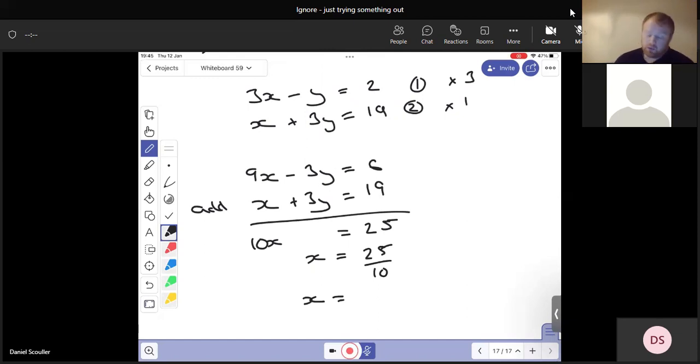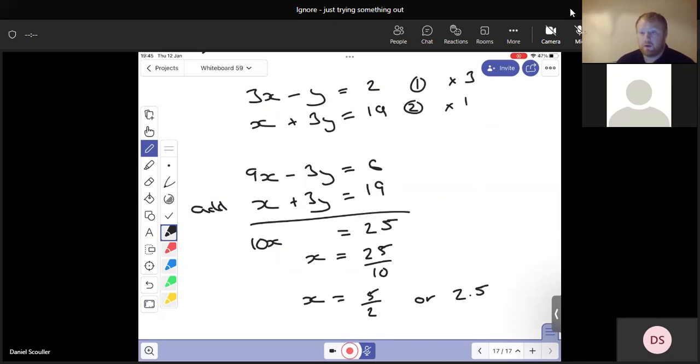In this case, you can either simplify down, put it into fraction form. So 5 goes into the top line 5 times, goes into the bottom line twice. Or we can write it in decimal form. So 25 divided by 10 is going to be 2.5.